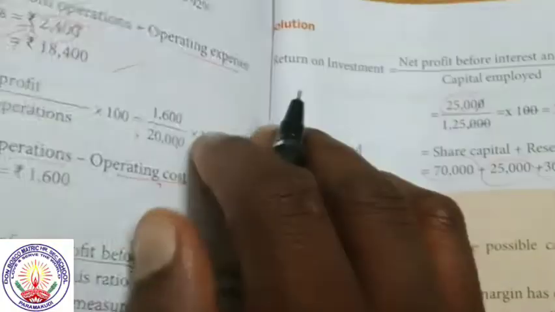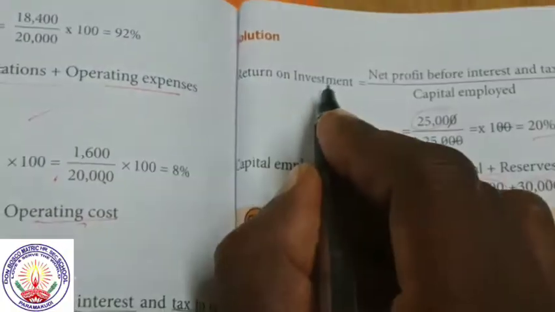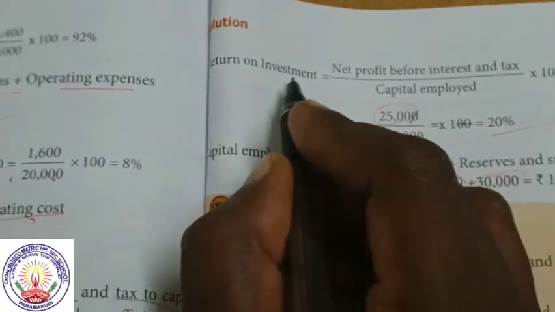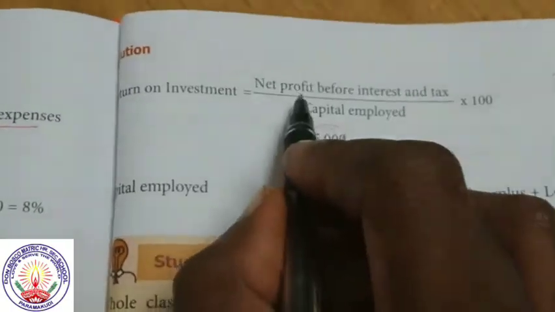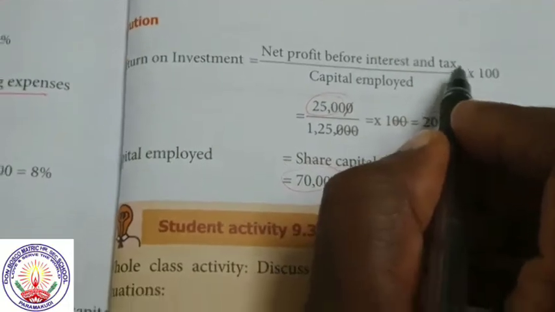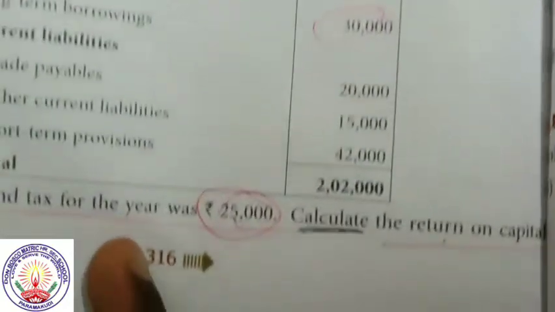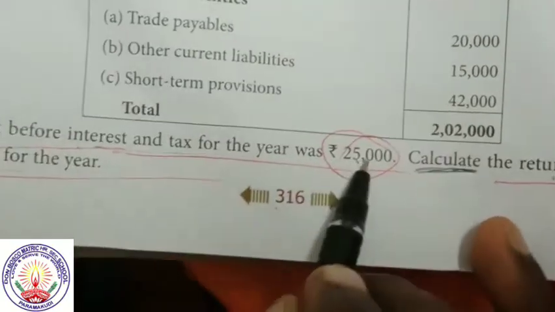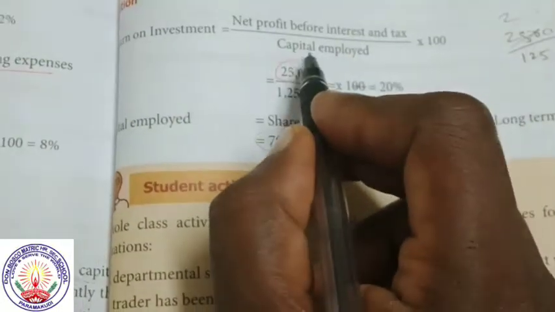Now find out the sum. Return on investment, or return on capital employed: net profit before interest and tax is directly given in the question, 25,000. Take the 25,000 divided by capital employed.